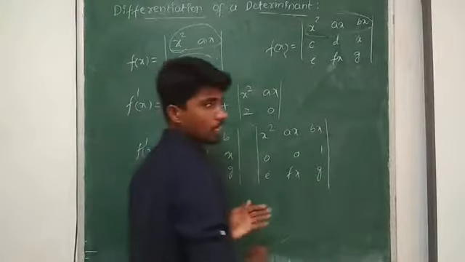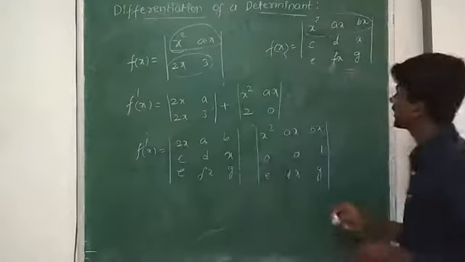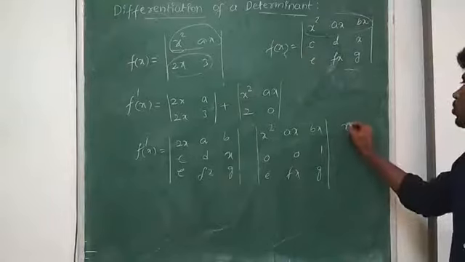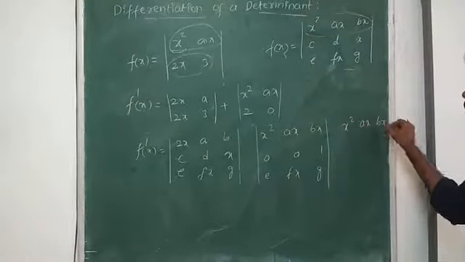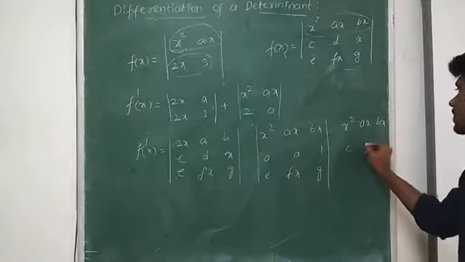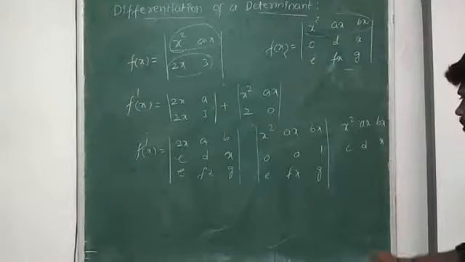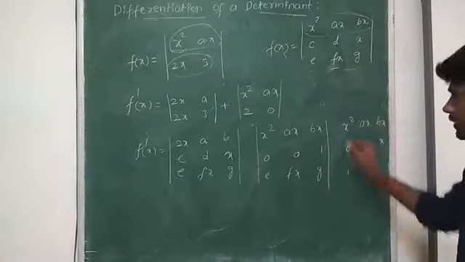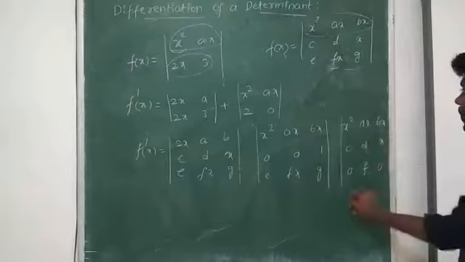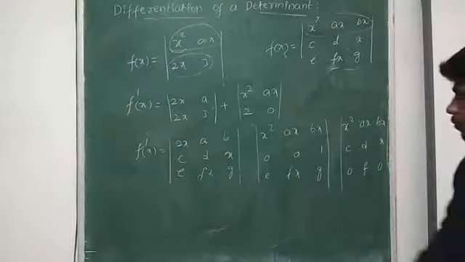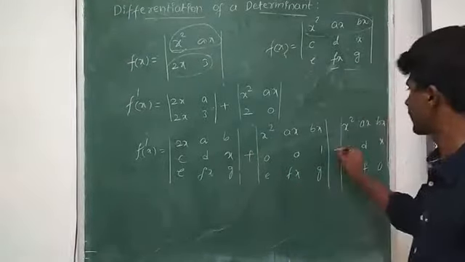Next, the last one: first two rows unaltered, x square, ax, bx, second one c, d, x, third one derivative of e is 0, derivative of fx is f, derivative of g is 0. Now I have to take the sum of all these determinants.